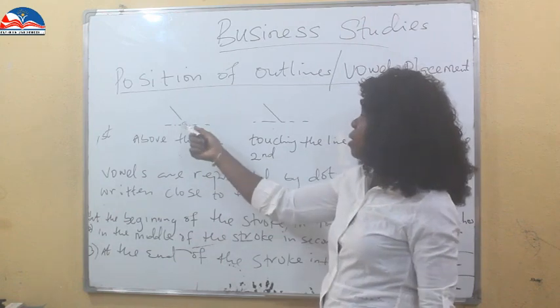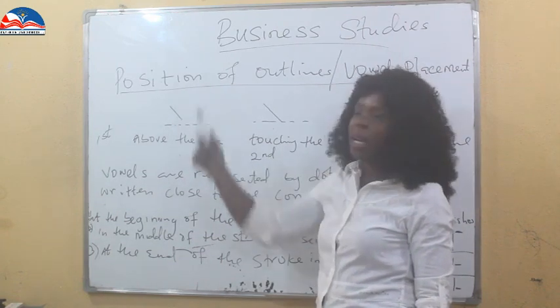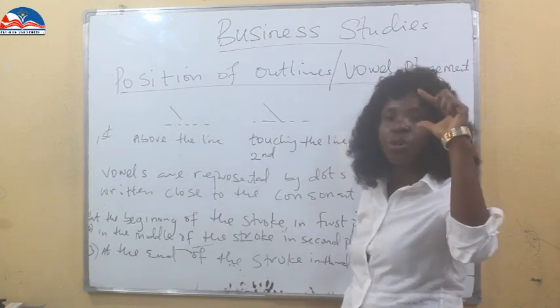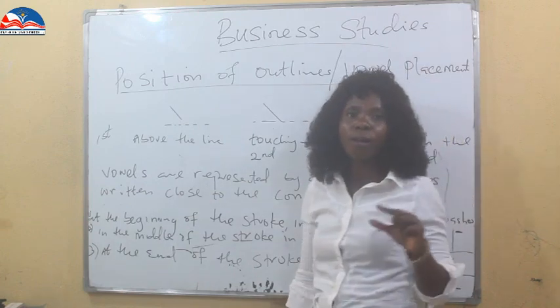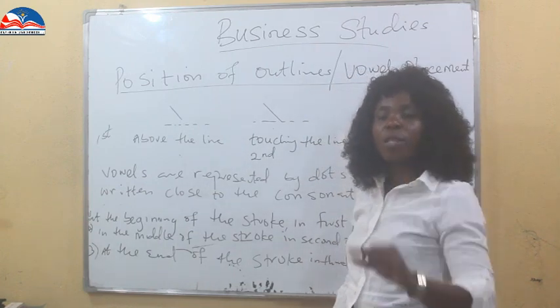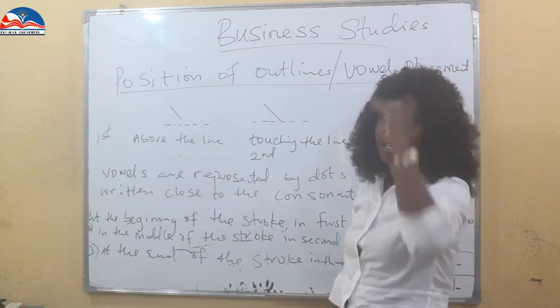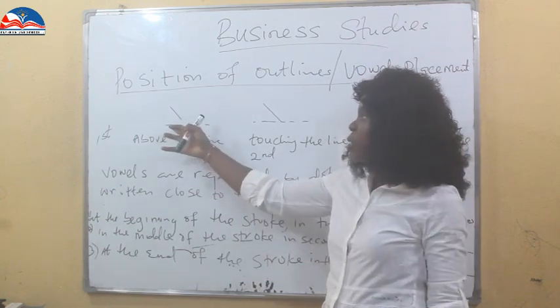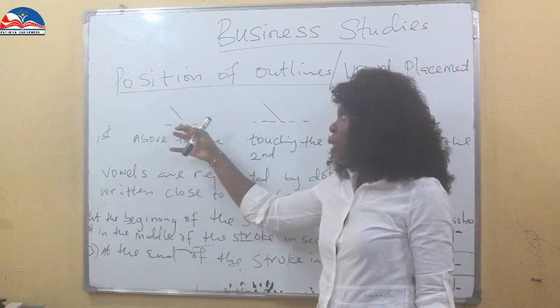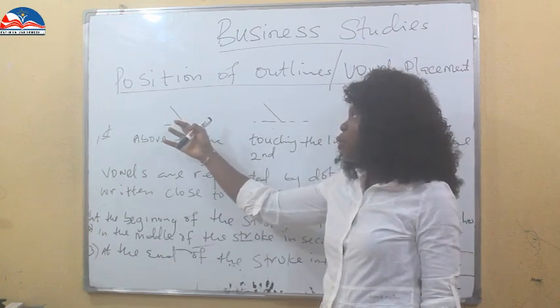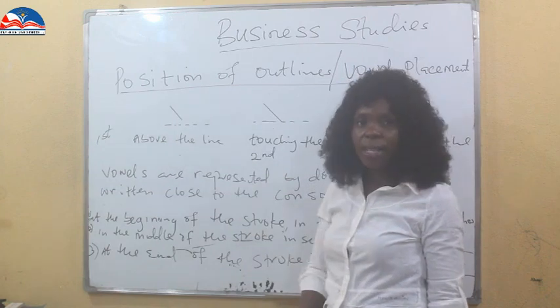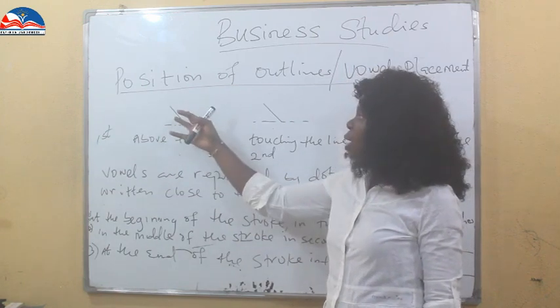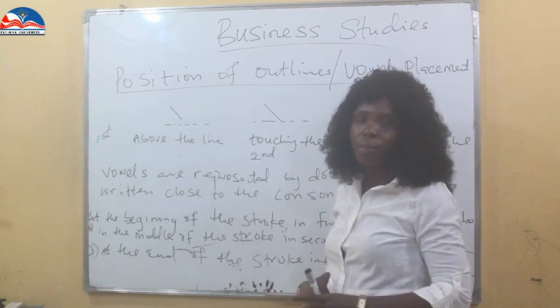This outline is said to be above the line, and it is the first position of outline. The first positioning of an outline is above the line. That's to say, I use this dotted line to be like the line in your book, and my outline has a space between the line in your book and where I write my outline. So this is an outline above the line.